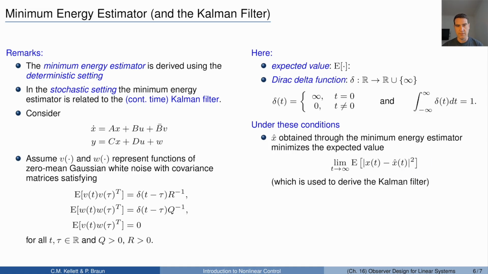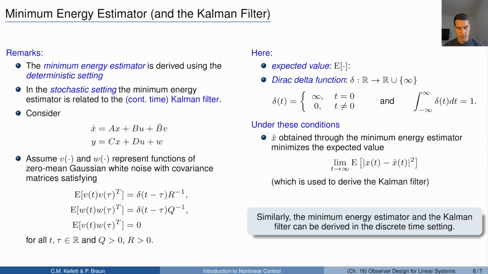And if we start differently and start with the minimization problem here instead of the objective function minimizing the minimum energy, then that's the derivation corresponding to the Kalman filter, which then leads to the same result as the minimum energy estimator. Just as a final comment, this was the presentation of observer designs in terms of Lüneberger observer and minimum energy estimator and Kalman filter in the continuous time setting.